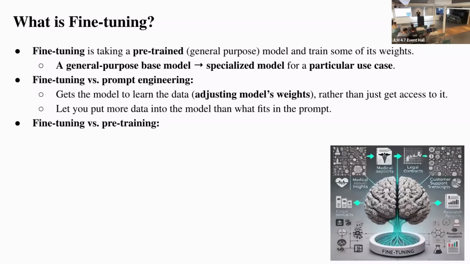And what's the difference between fine-tuning and pre-training that we saw in previous slides? The main difference is that fine-tuning requires significantly less data and computational resources, because think about it, in the pre-training phase we train all of the parameters of the model, and we use a huge amount of text data from the web.